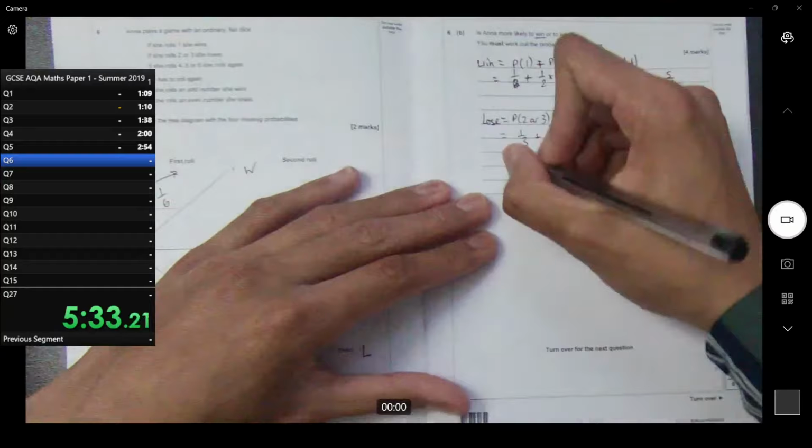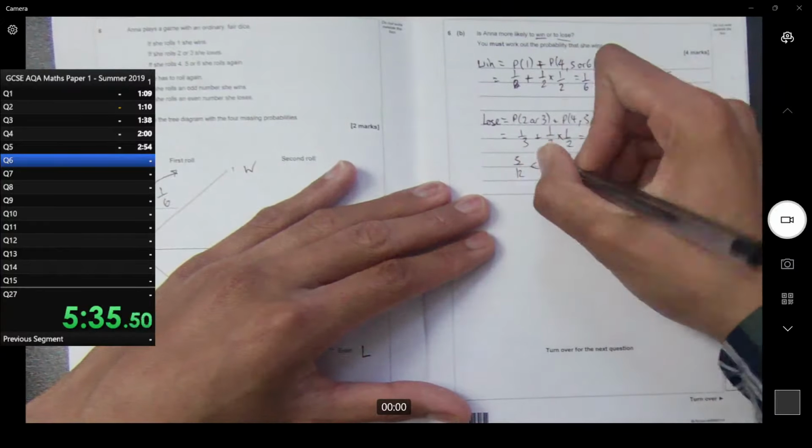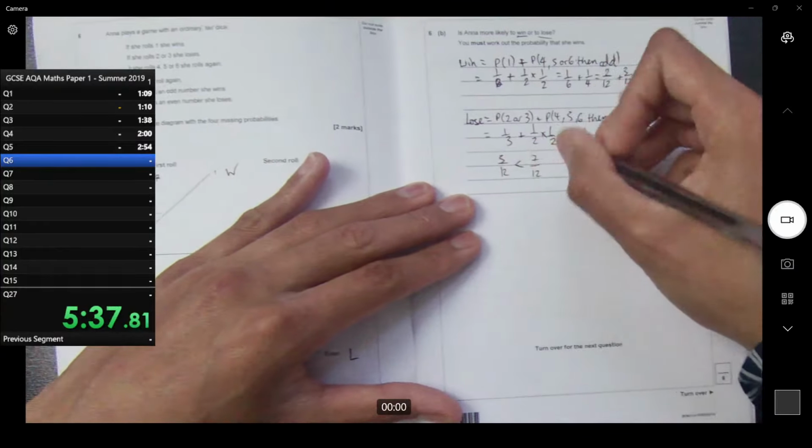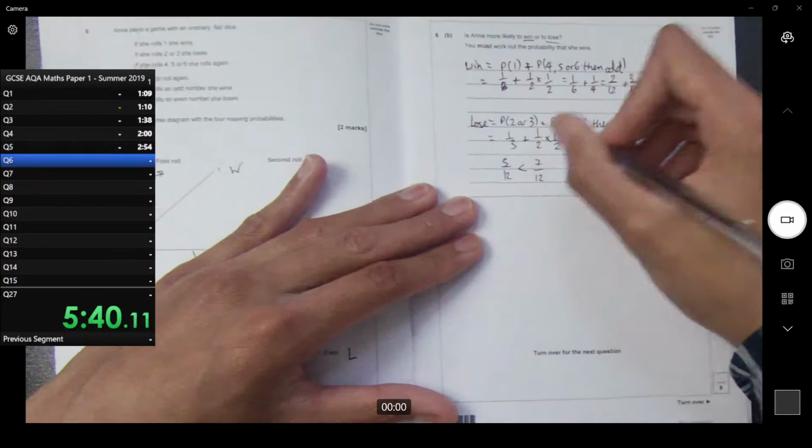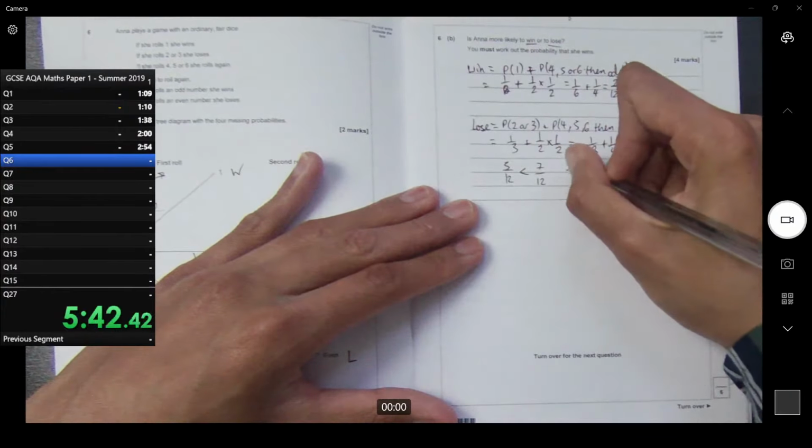Okay, so therefore, since 5 over 12 is less than 7 over 12, so less likely to win, so more likely to lose.